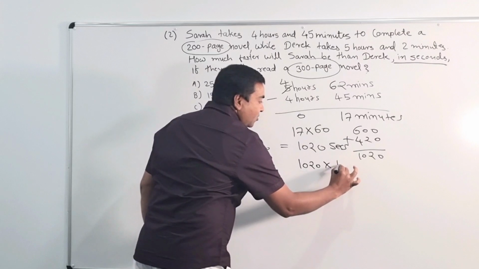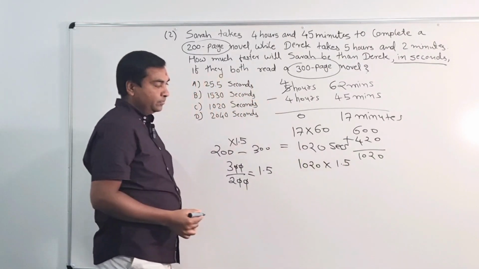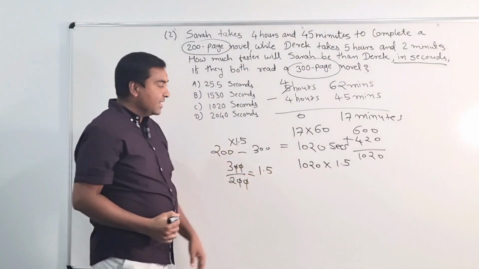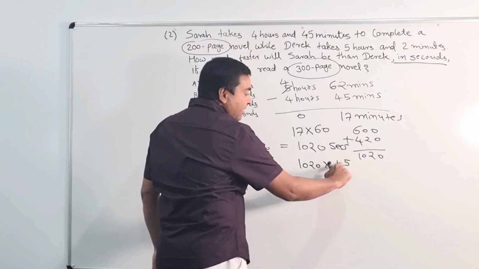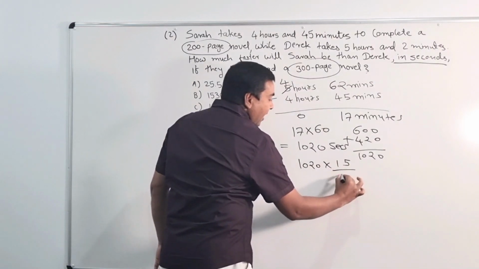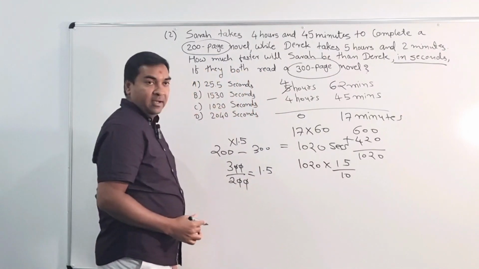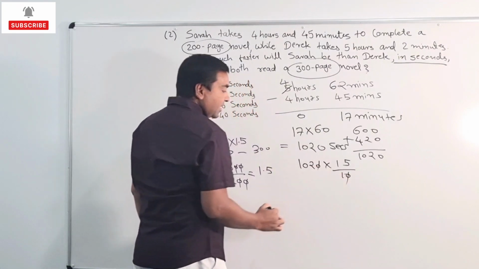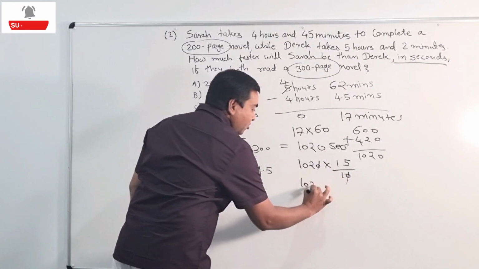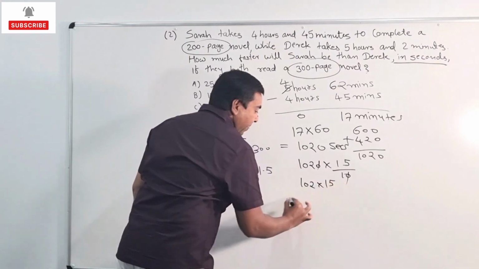So you are going to do 1020 times 1.5. To find that out nicely, there is a decimal point. I can take the decimal point off and divide by 10. Now the 0 and 0 are cancelled, so I'm left with 102 times 15.